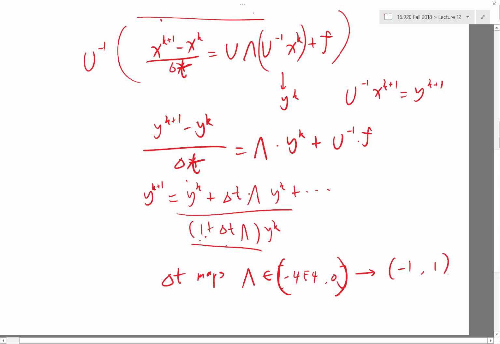So to 1 plus delta t lambda within this. So this is the amplification factor, right? So this is how fast, how much smaller the next iteration is getting, right? So this is basically almost the maximum step size you can choose while still being stable. All right.